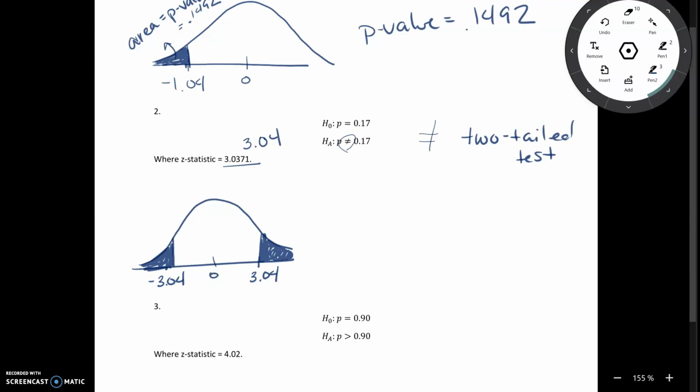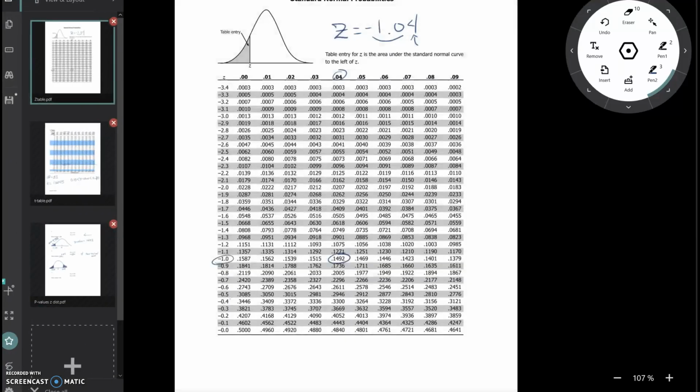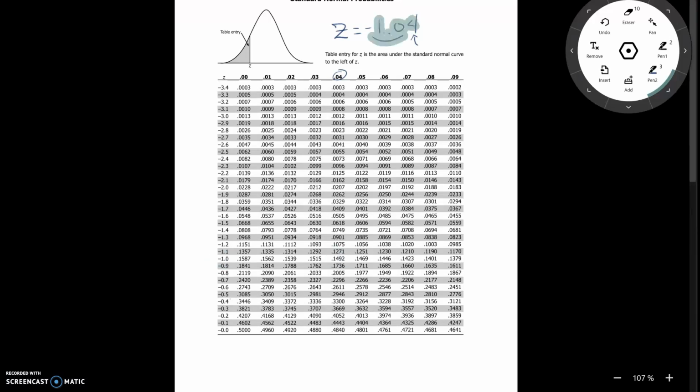Remember that our standard normal table will give us the area to the left of numbers. So we're going to look up negative 3.04. We come up here, negative 3, there's the 4, so 0.0012.